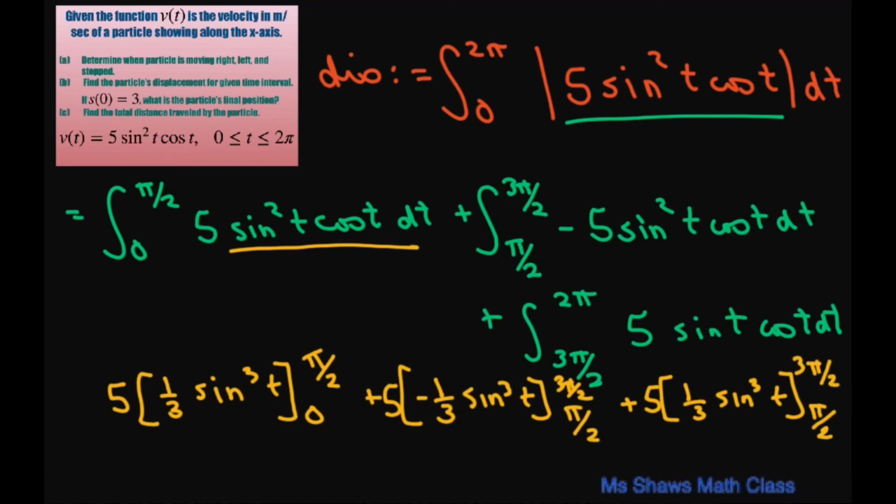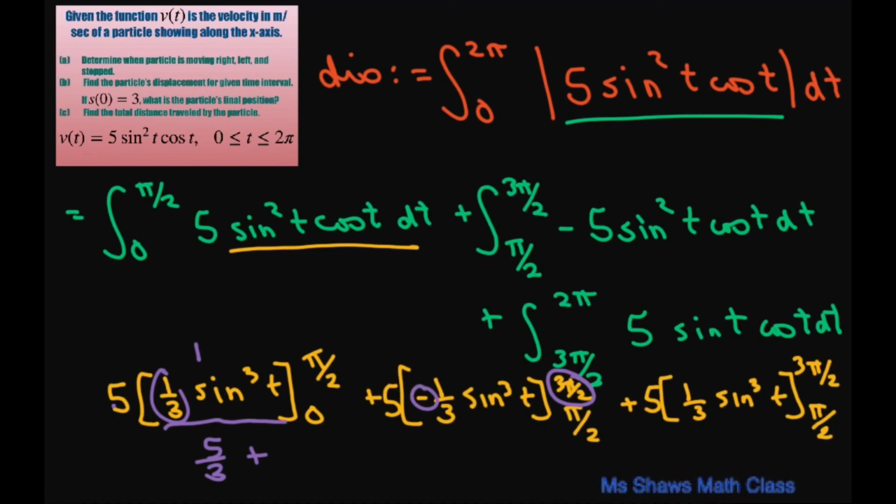So basically for this piece, sine of pi divided by 2 is 1. So this is just going to be 1 times 5, and you have the 1/3, so it's going to be 5/3. At 3 pi divided by 2, you get negative 1, so this is going to turn to positive.